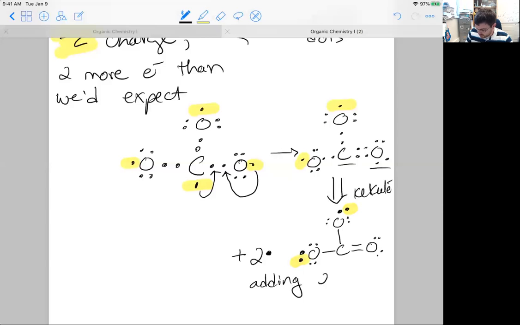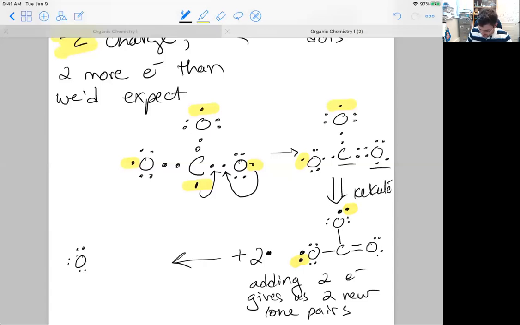So adding 2 electrons gives us 2 new lone pairs. Okay, now what does that mean? That means our final Lewis dot structure is like the final Kekulé structure. It's like this, where 2 of the oxygens have 3 lone pairs. 1 of the oxygens has a double bond with 2 lone pairs.